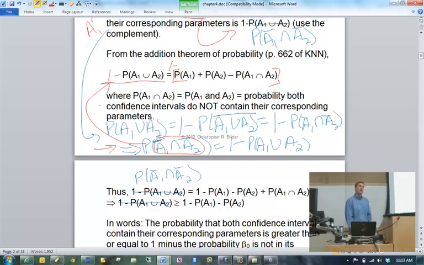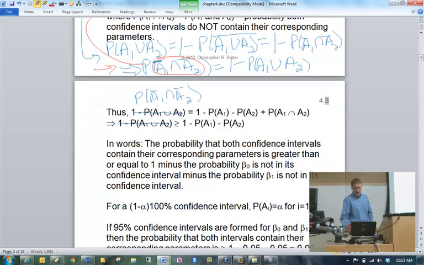And so that's what's on top of page 4.3. And then lastly here, I can take the probability that all intervals are working, containing their corresponding parameters, to be greater than or equal to 1 minus the probability of A1 minus the probability of A2. Well, why can I do that?